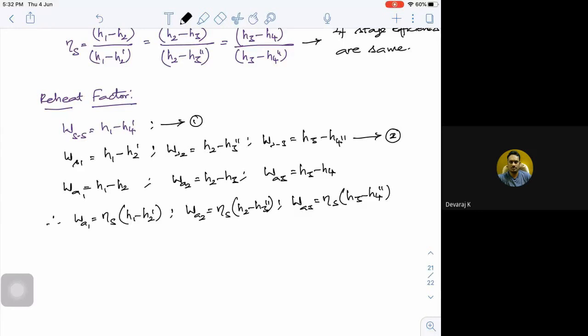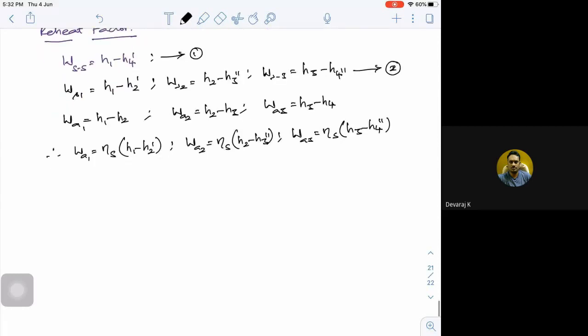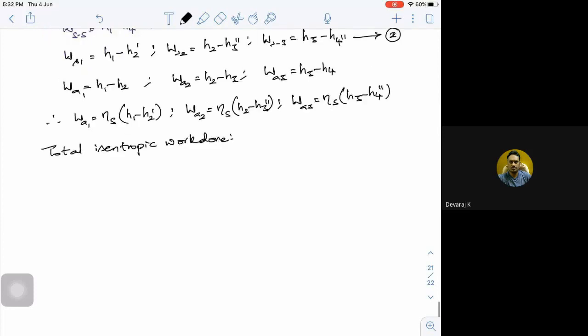Now, what is your total isentropic work done? It's actually the sum of all your stage work done. If I call it stage work done, that is WS1 plus stage work done 2, stage work done 3.